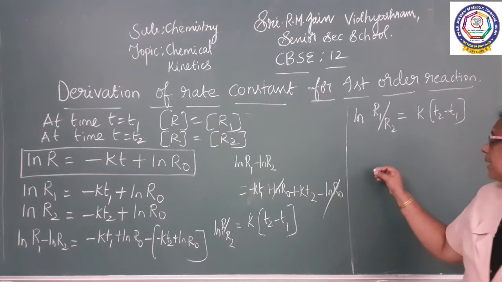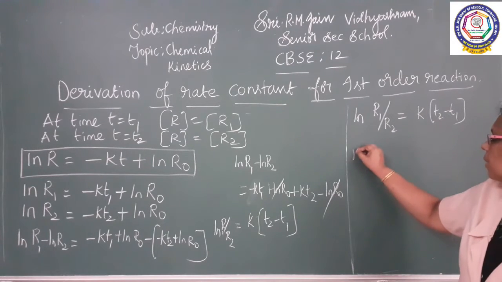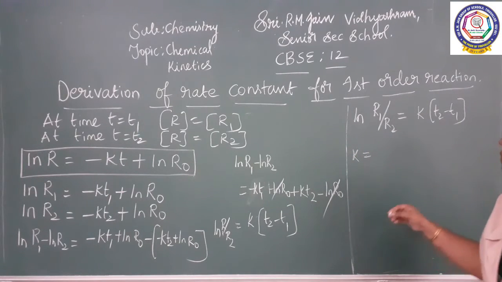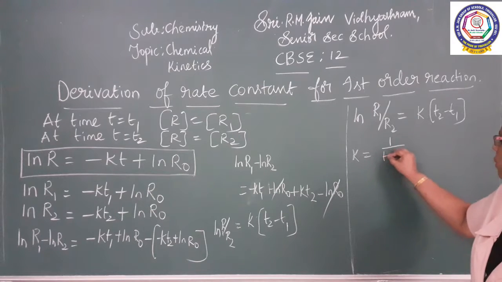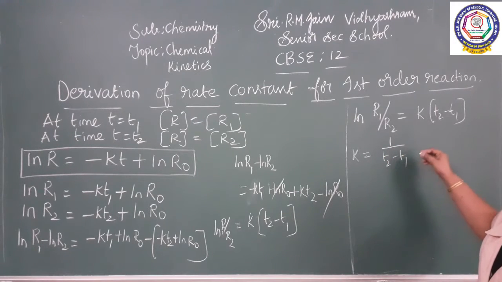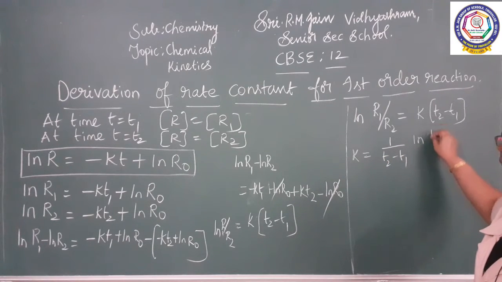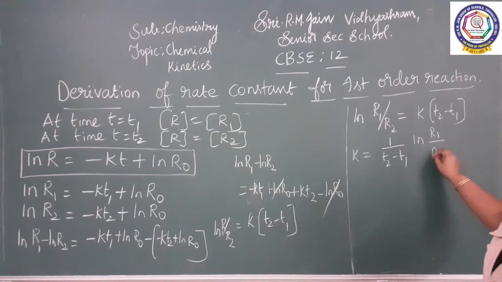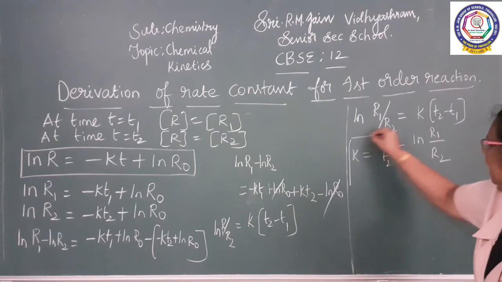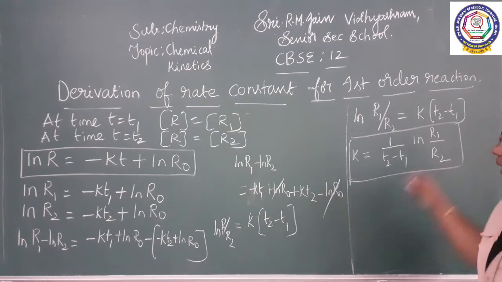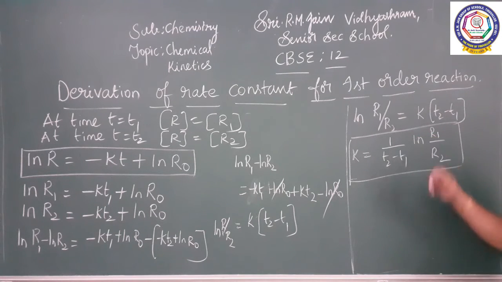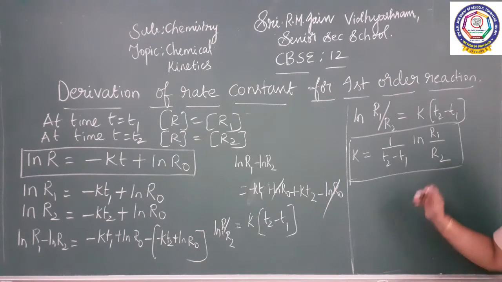From that we can calculate K is equal to 1 by T2 minus T1 ln R1 by R2.